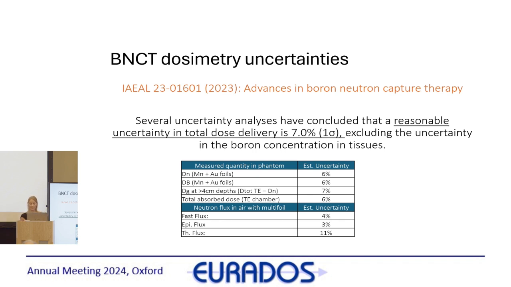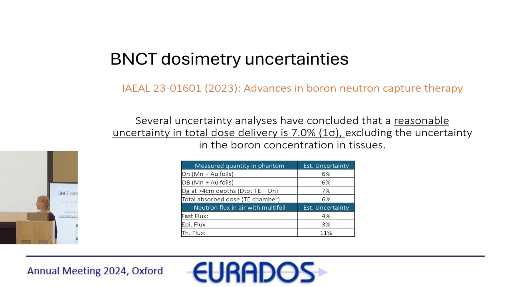Based on the methods we have used in Helsinki, which are the diluted manganese and gold foils and the chamber, I can also say something about the uncertainties of the measurement methods. So we are around there. We can't do better at the moment, but maybe that's okay.